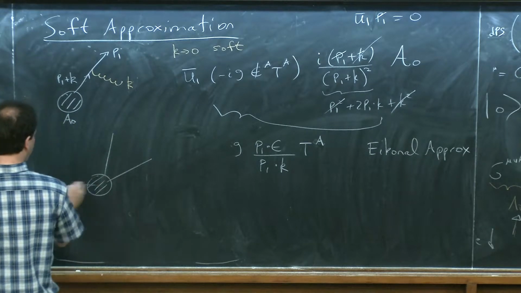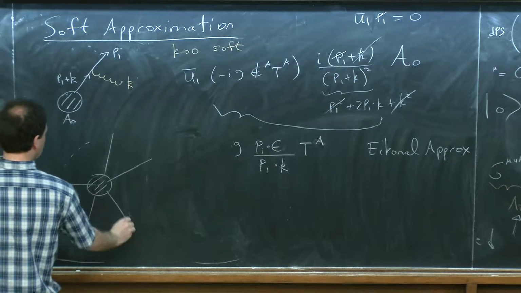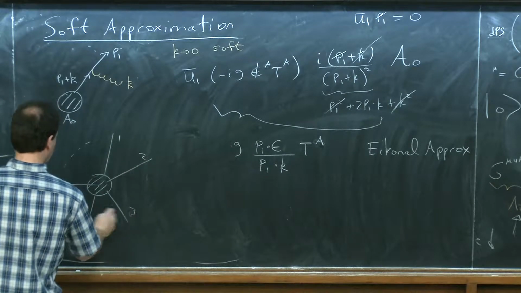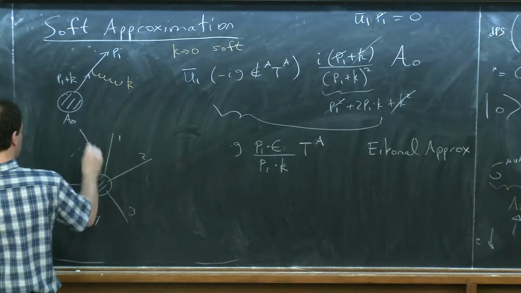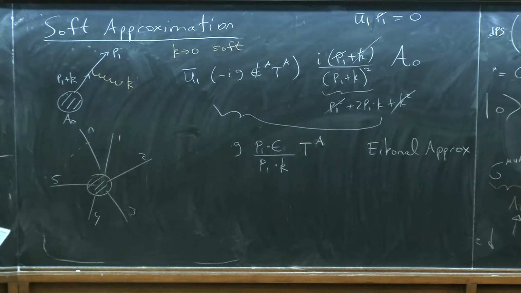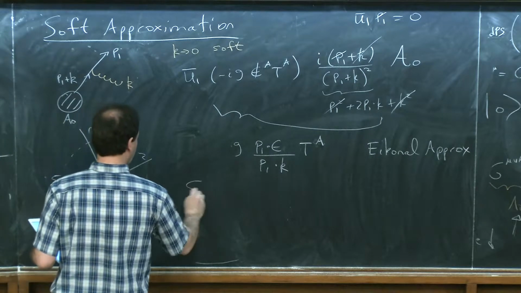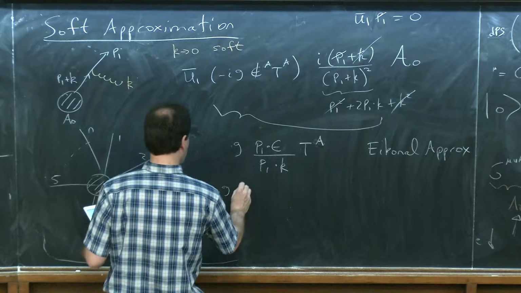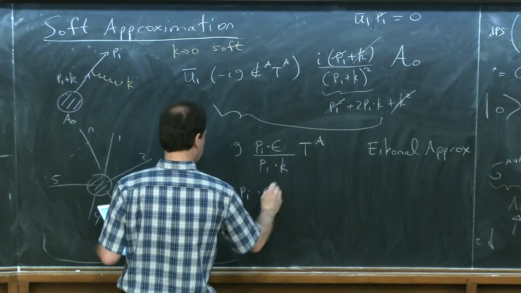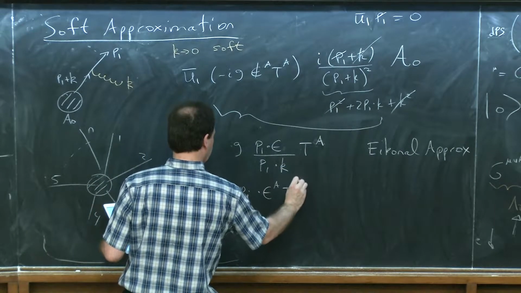For example, we could apply it to n partons, 1, 2, 3, 4, 5, all the way up to n. The result would just be that I independently add the particles to the external lines, doing the same thing that we just did here.